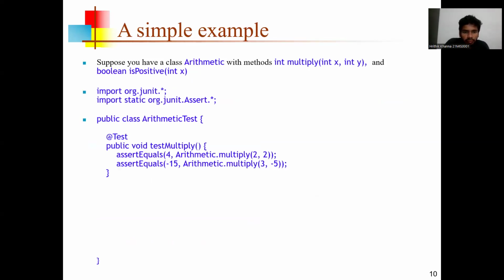Here we have defined the methods, and inside the method we have the test, and one more method, the test method. Here we have to check arithmetic, that multiply 2 into 2. It will come true. Assert equals: 2 into 2 becomes 4, and 3 into minus 5 becomes minus 15.